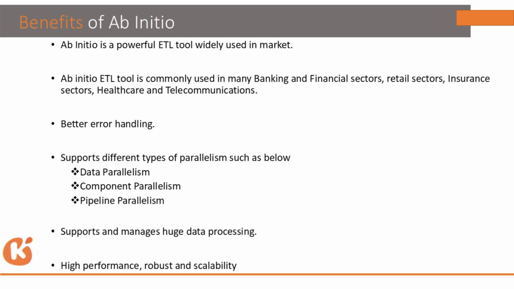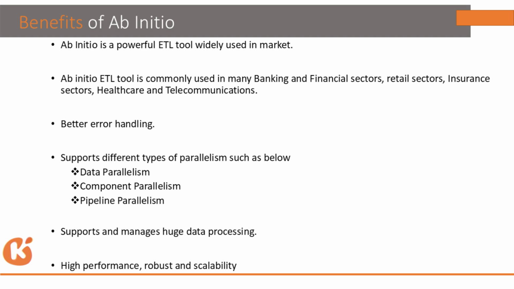Next is component parallelism. Component parallelism means that if multiple components in the same graph can execute parallelly, that is called component parallelism. The third one is pipeline parallelism. If we have the same flow in the graph and we allow multiple components in that flow to execute parallelly, that is called pipeline parallelism.